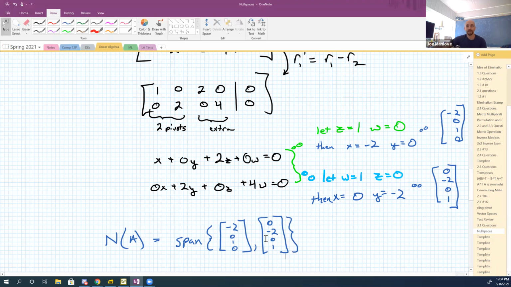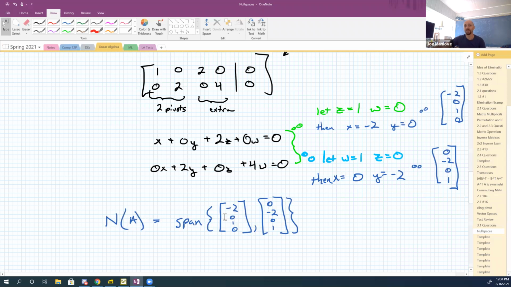Another way you could write this, if you didn't want to do this let z be thing and let w be thing, is that the first one you can think of as being times z, and the second one as being times w. So it's the set of vectors that look like something times the first vector plus something times the second vector, which is the span. I find it easier to use the span here. Is any of that making sense? Or am I crushing your brains today?